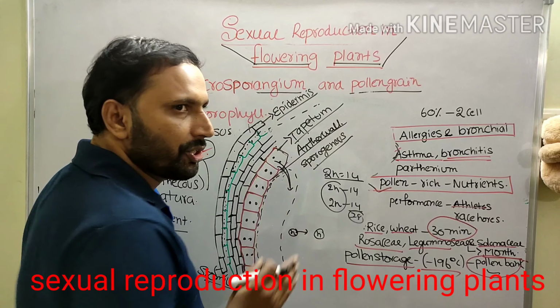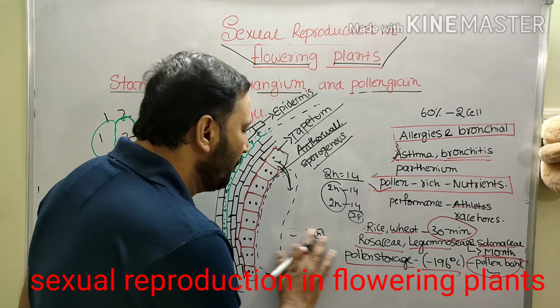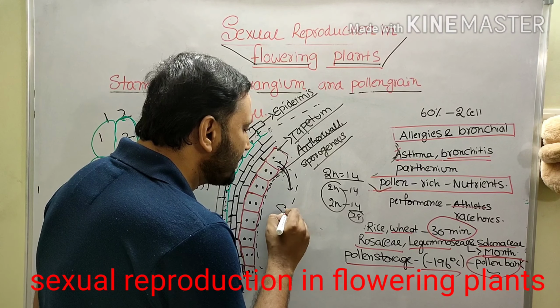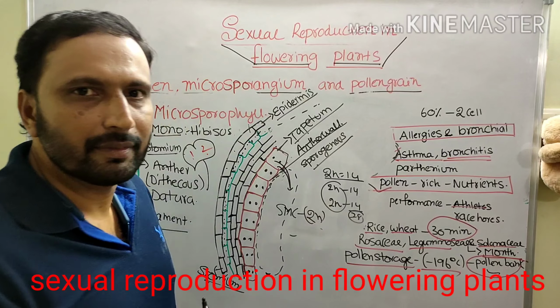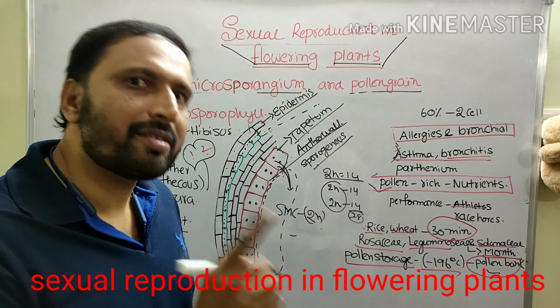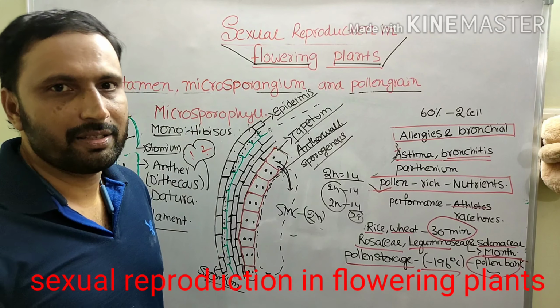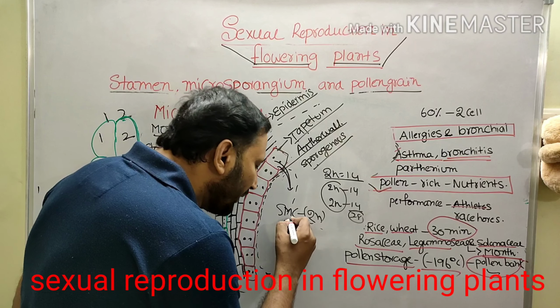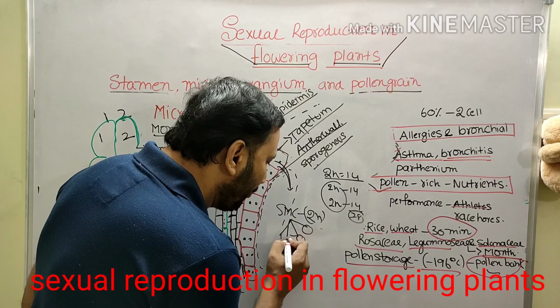Anyway, the diploid sporogenous tissue metamorphoses into spore mother cells. The spore mother cell is diploid. It is the last cell of the sporophytic generation because it is diploid. Each spore mother cell undergoes meiotic division to form 4 haploid cells.